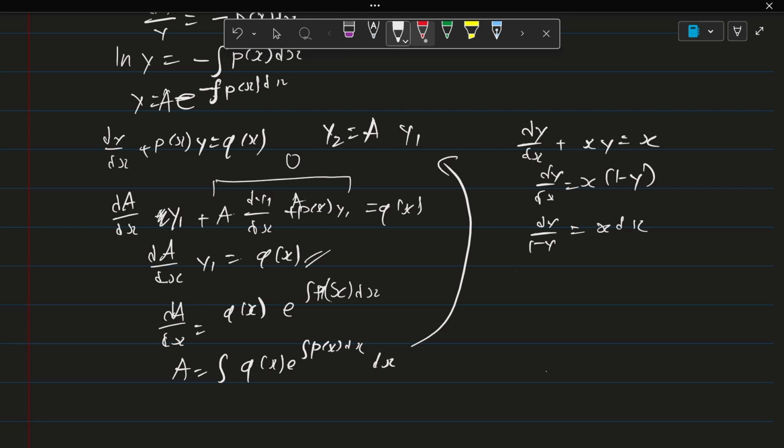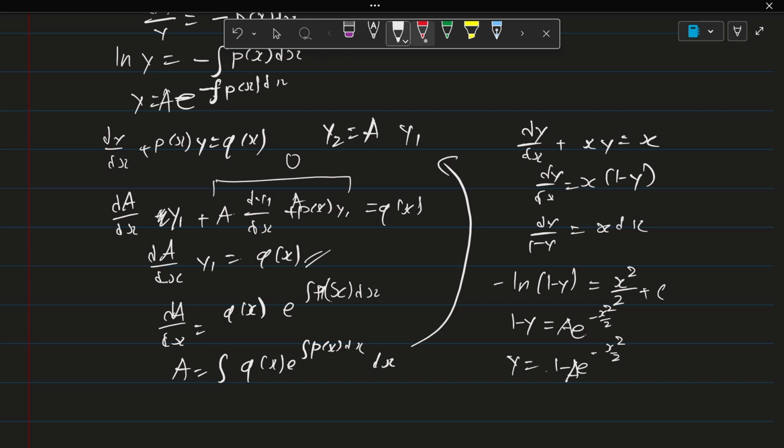Or this is the natural log of 1 minus y, with a negative, equaling x squared over 2. And so what you would expect the solution to be is 1 minus y equaling e to the power negative x squared over 2. So your y would be 1 minus e to the power negative x squared over 2. Technically, there's plus C there. So yeah, something like this.